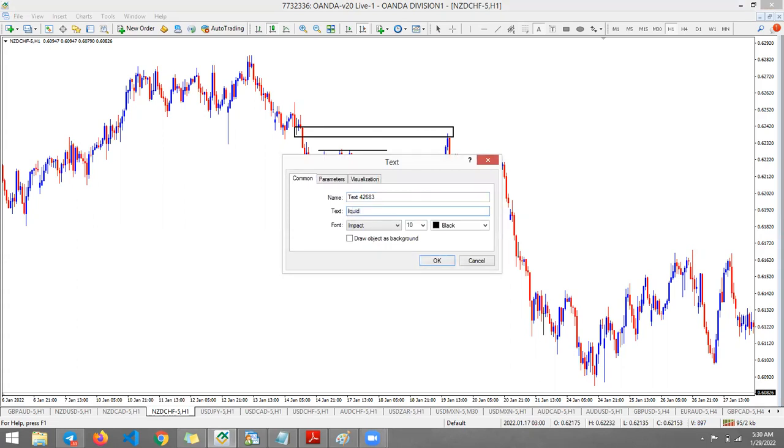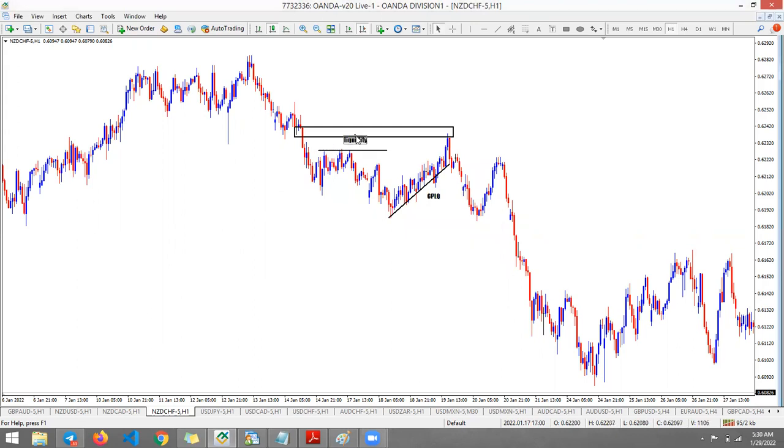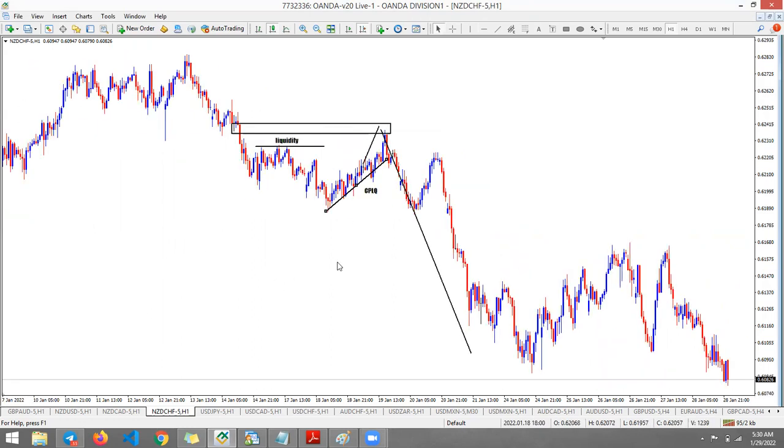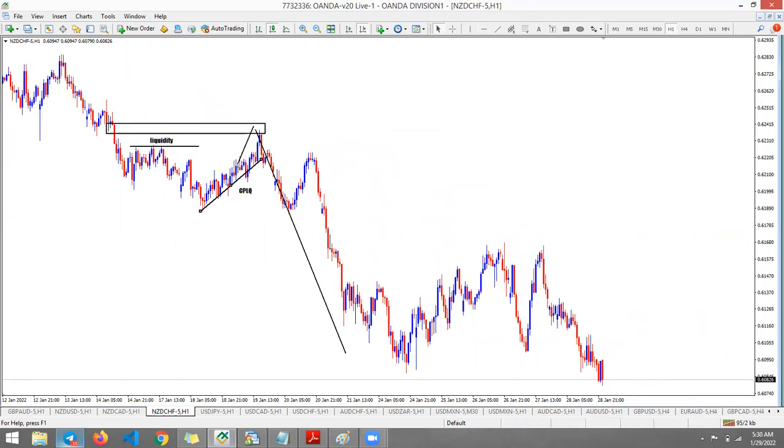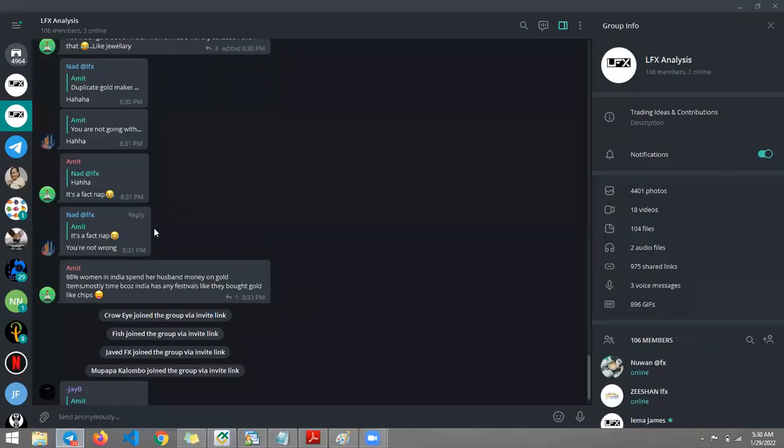That is why if someone writes CPLQ, it basically means price is compressing towards liquidity. And you can see how it took out the liquidity and then dropped massively. It was a very massive drop. So that is it for today.